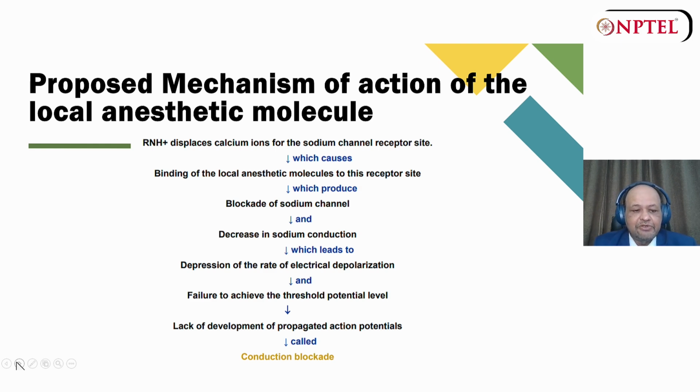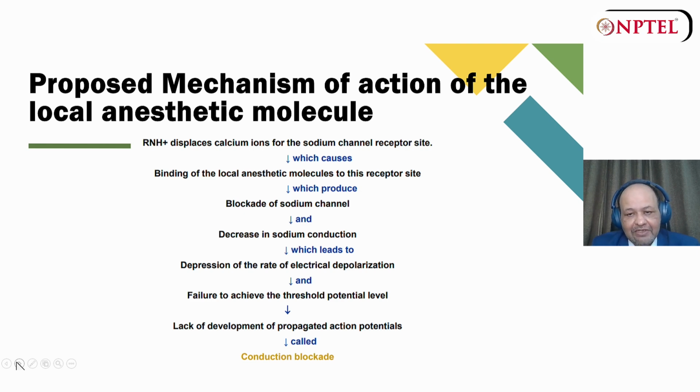This in turn produces the blockade of the sodium channel, which leads to a decrease in sodium conduction, which in turn leads to depression of the rate of electrical depolarization and ultimately the failure to achieve the threshold potential level. And ultimately, the lack of development of a propagated action potential is called conduction blockade.